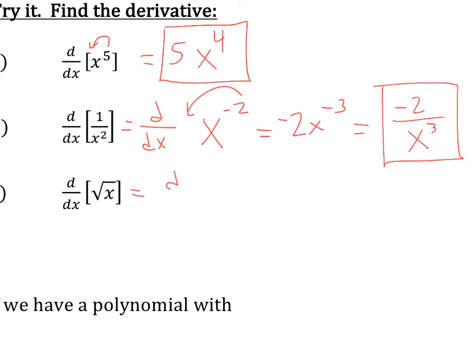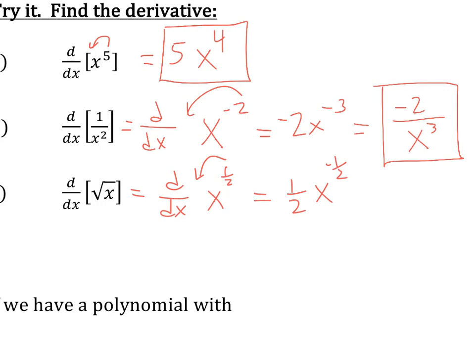So one more, d dx of the square root of x. Well, the square root of x is x to the 1/2, right? So let's take that power. It drops down to take our derivative, 1/2 x, and 1/2 minus 1, right?